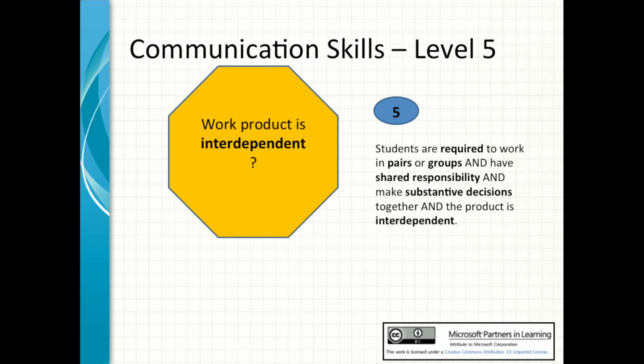The project was created in PowerPoint, and again, it's more of a substitution for having something done on paper. But that doesn't take away from the fact that this was a huge high level of communication skills.